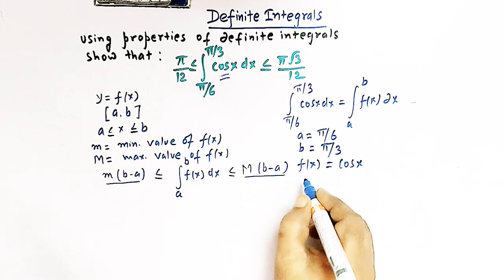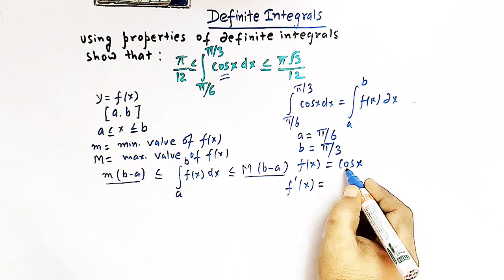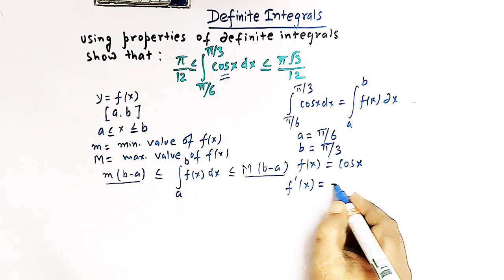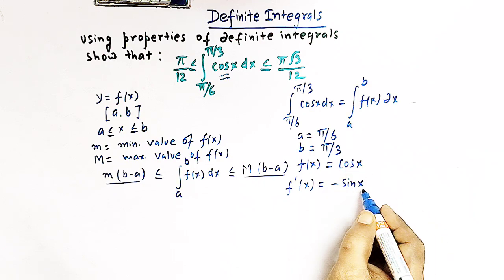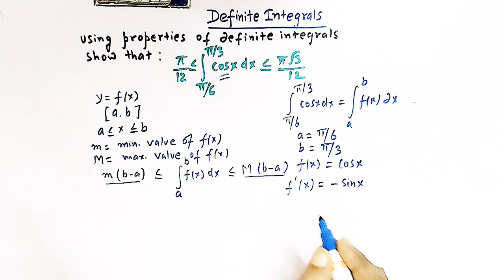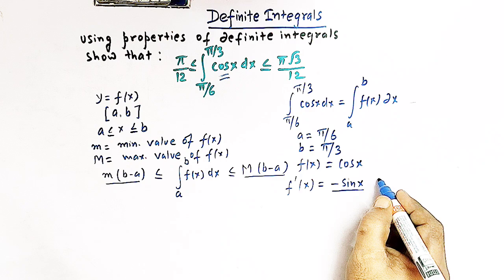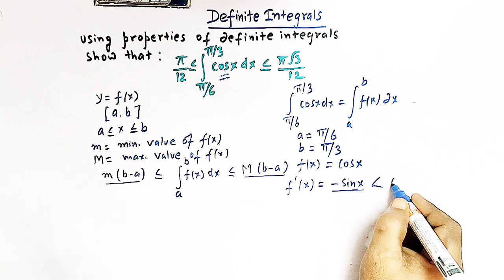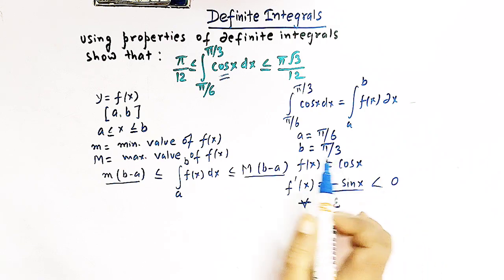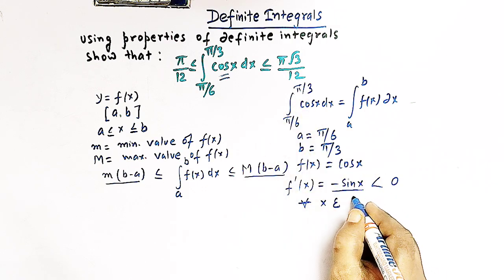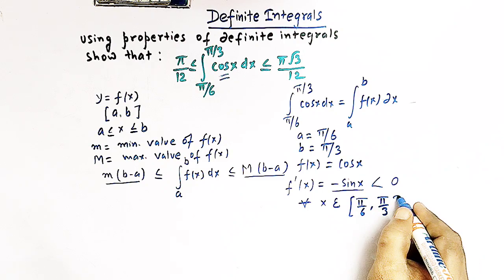Now if we find the derivative of the function, that is f prime of x, we have negative sine x. The derivative of cosine x is negative sine x, and we can easily see that this quantity, negative sine x, is always less than 0 for all values of x belonging to the interval from pi by 6 to pi by 3, right?